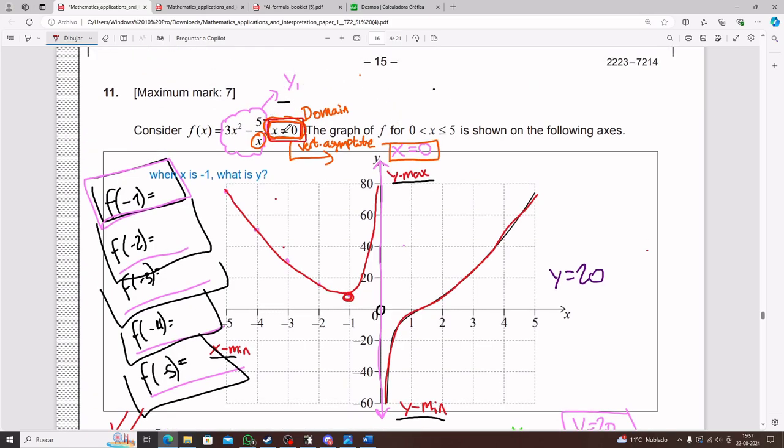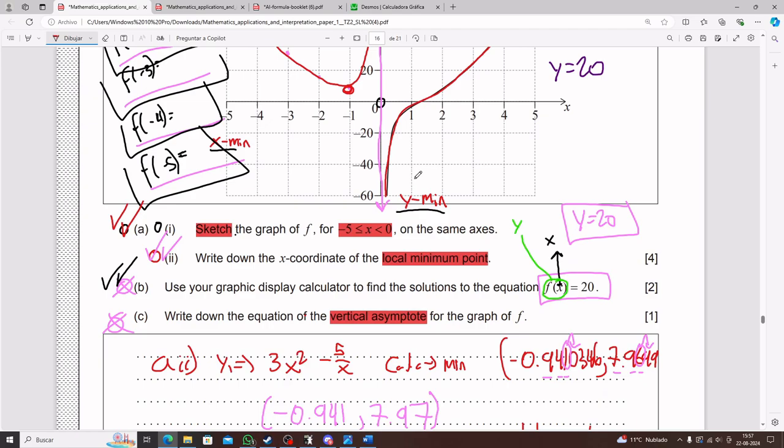You can look at it and immediately say, boom, that has to be a vertical asymptote. That's the sort of stuff that gets you points, especially when you're low on time. Be on the lookout for these types of exercises. For part C, you do not need part B or part A.